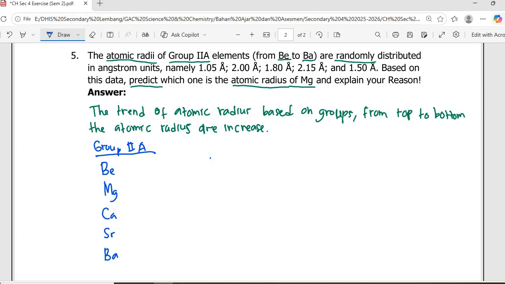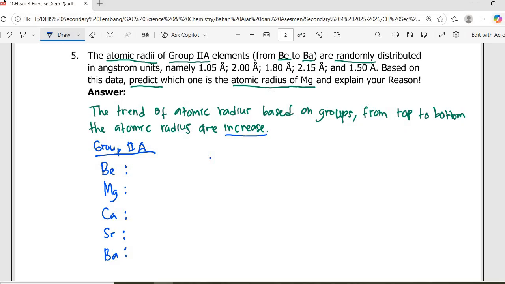The clue is the trend of atomic radius based on groups: from top to bottom, the atomic radius increases. When the atomic radius increases, the size of the atom becomes bigger. So the biggest of these elements is barium, and the smallest is beryllium.